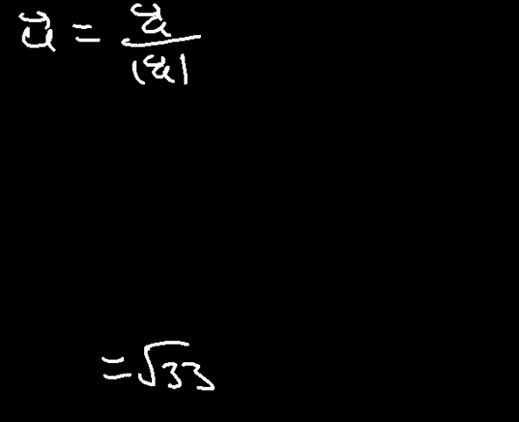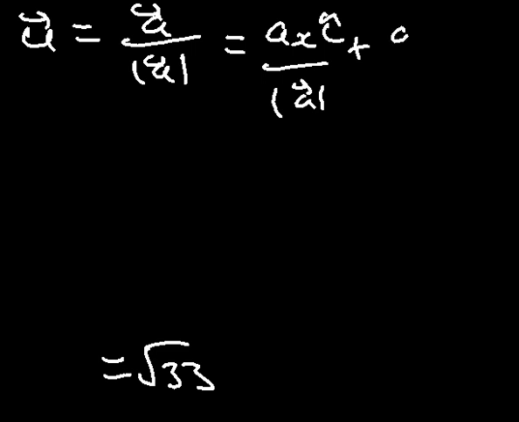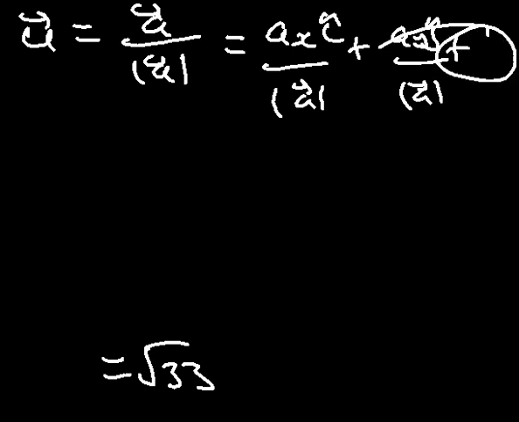So this is the same as the x component of vector A divided by its magnitude, plus the y component divided by its magnitude, and also the z component as well.